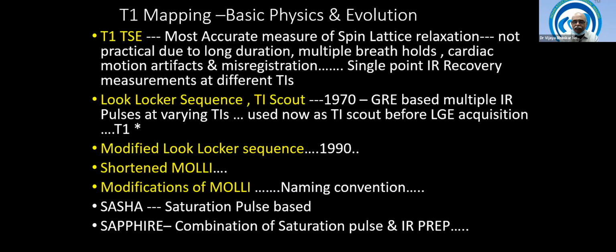That formed the basis for the Look-Locker sequence, inversion recovery sequence and T1 mapping sequence also. This Look-Locker sequence is the one which is used as an IR scout. It has multiple TI values. It is a prospectively gated study. It's a GRE study, and it takes a long time. Lot of movement artifacts from cardiac motion, acquires in multiple cardiac cycles.